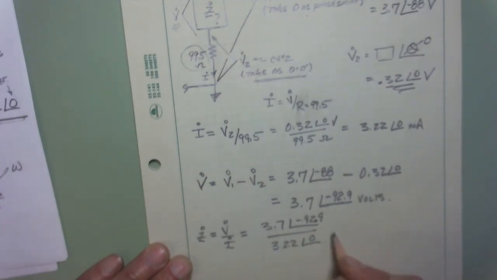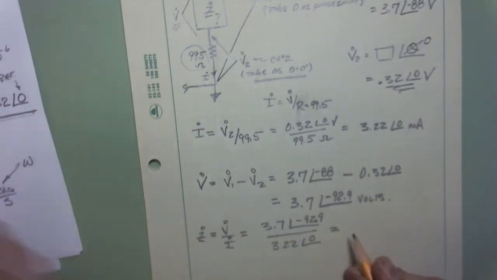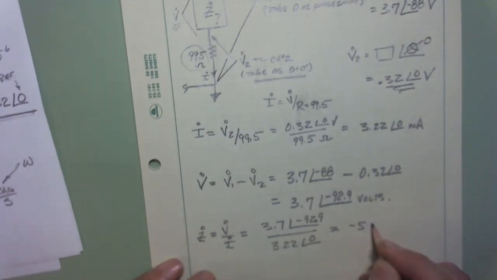3.22 at 0. So when I do that, and I'm going to convert into rectangular form, I get minus 59.3 minus j1150, and that'll be ohms. Okay, let me double check that.